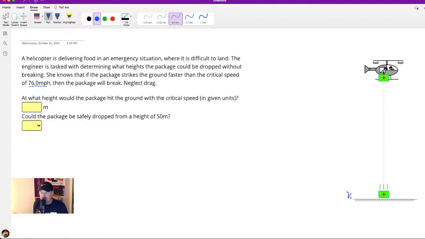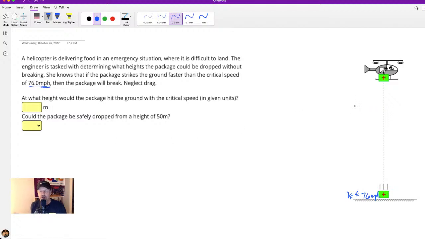And V final has to be no greater than, so it has to be less than or equal to, 76 miles per hour. So that right there is a mixed unit. And when I say mixed unit, what I mean is we're dealing with miles per hour.